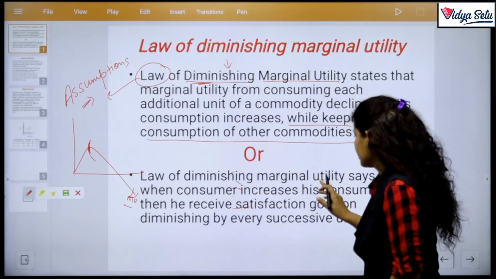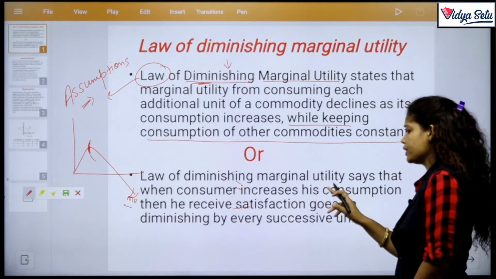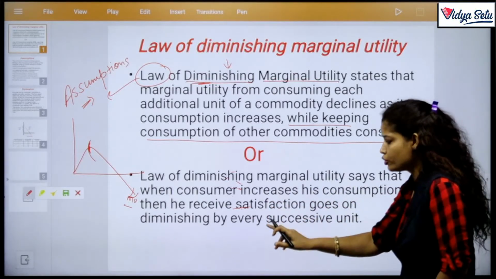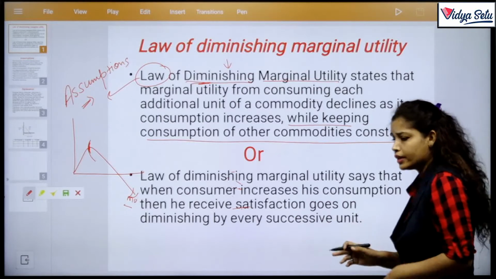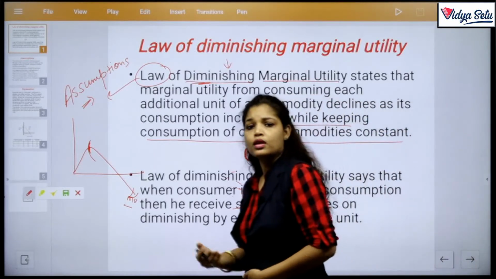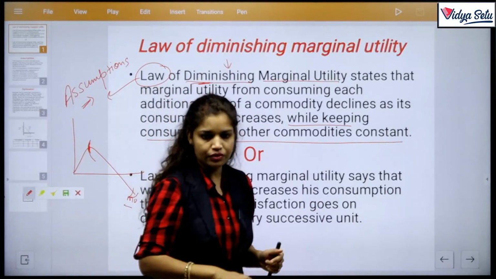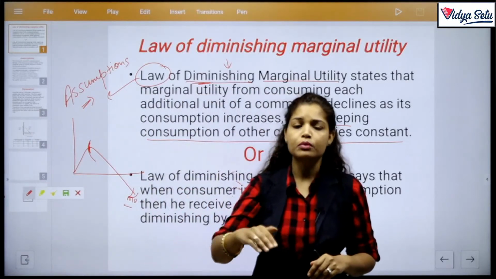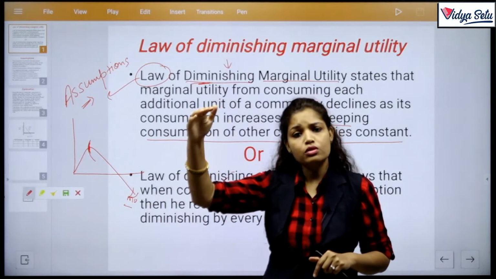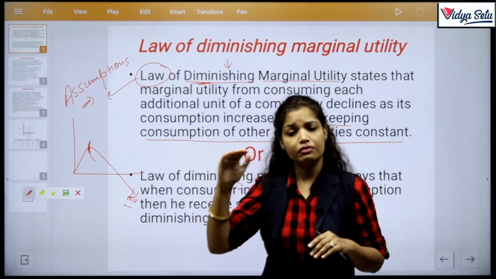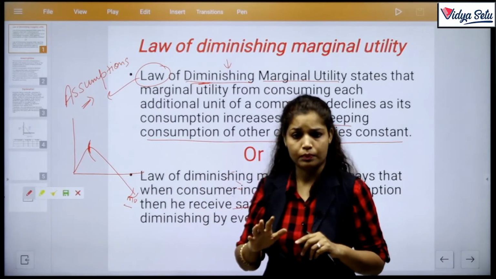The law of diminishing marginal utility says that when a consumer increases his consumption, the satisfaction he receives goes on diminishing with every successive unit. That means if the consumer consumes units one by one, the satisfaction goes on diminishing. On the first unit he receives maximum satisfaction, then less, then still less. Clear?